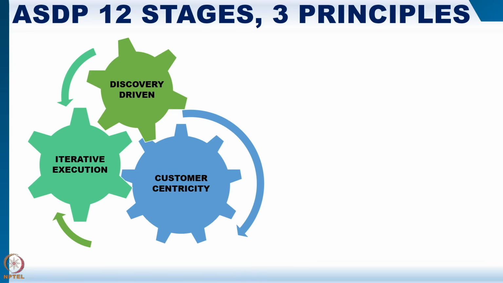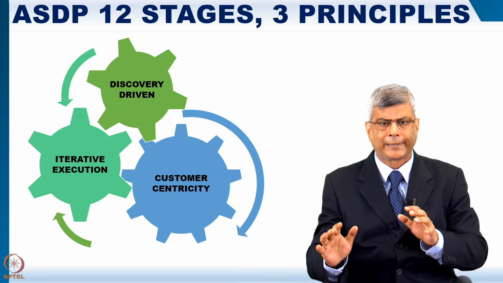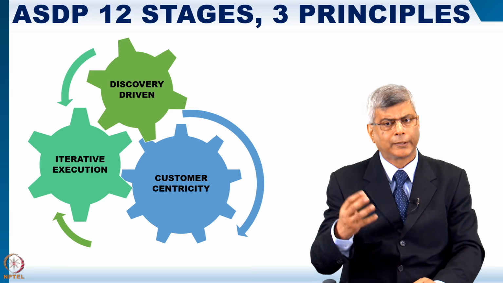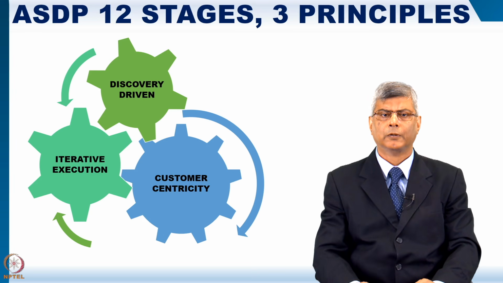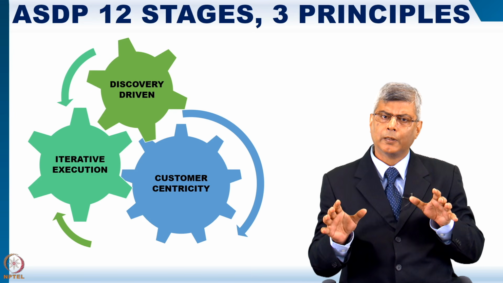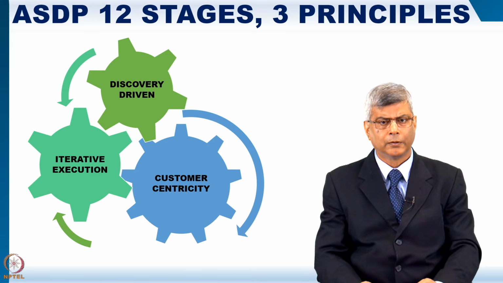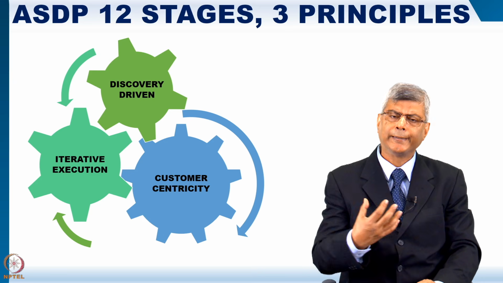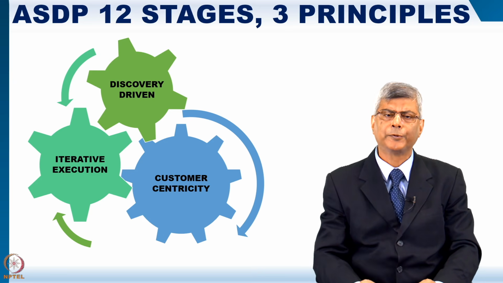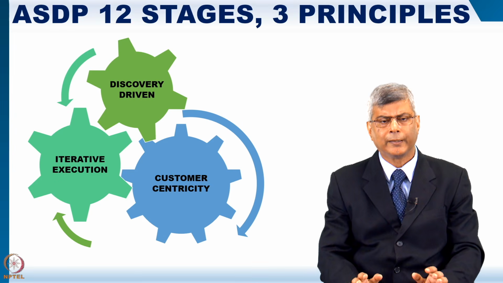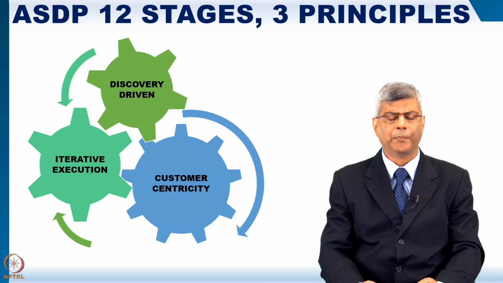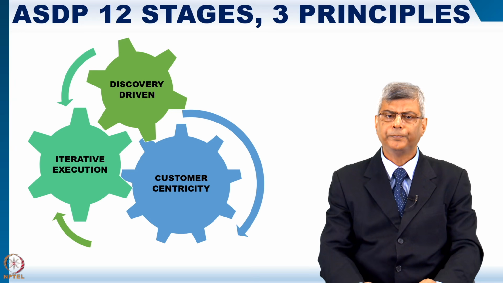So what are the 12 stages of the accelerated startup process, and what are the 3 principles? The 3 principles which I have learned based on my experiences with working with tens of venture teams, hundreds of aspiring entrepreneurs, some successful, some not so successful, and maybe 1,000 or more students.